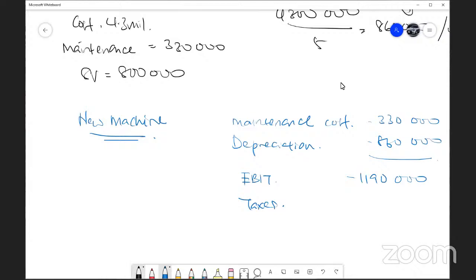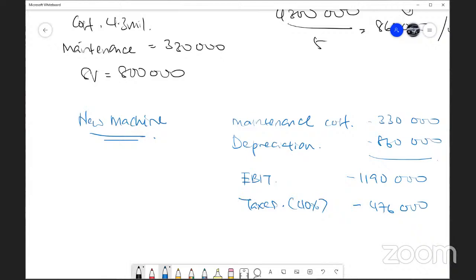A tax of 40%, which is in the question, of 1.19 million dollars is $476,000. This is also negative. Why is this negative? This is a tax credit. The negative tax implies a tax credit.